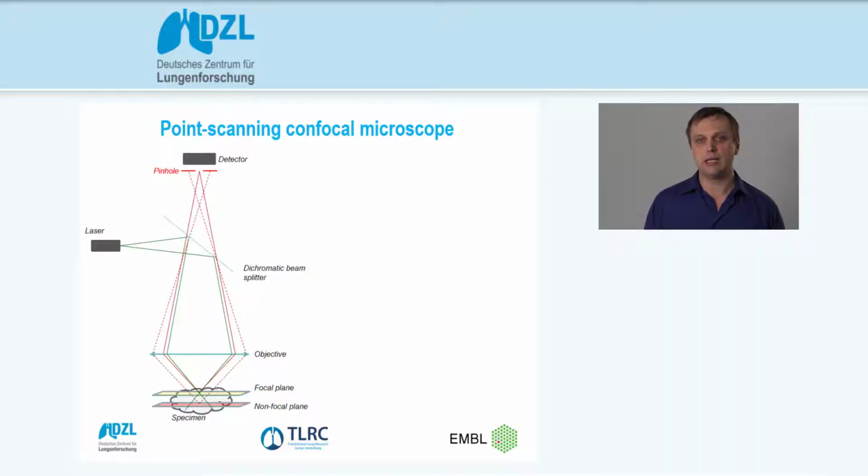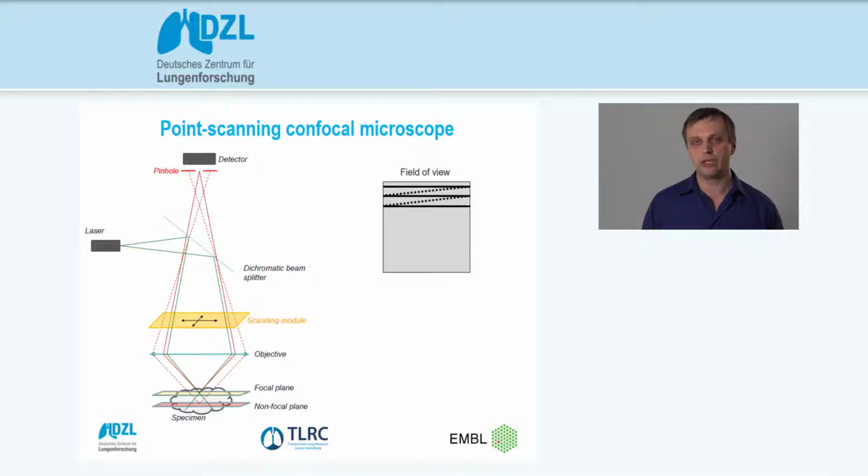To form an image which contains multiple pixels, we have to scan with our laser beam through the sample, which is done with the scanning module. The scanning module is composed of multiple mirrors, which allow the laser beam to scan in the X and Y direction. So it will look like that.